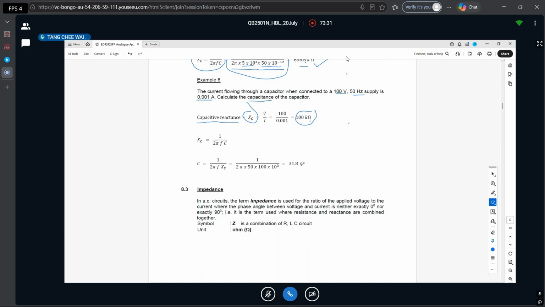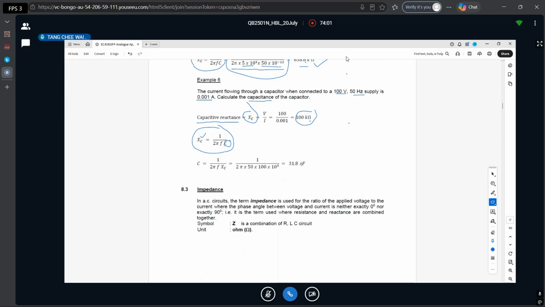Why do you need to find this? Simple. Because they ask you to calculate the capacitance. And you know that within this formula, you need to find the C. So you need to have the capacitive reactance to find C, because the frequency is already given at 50 hertz.